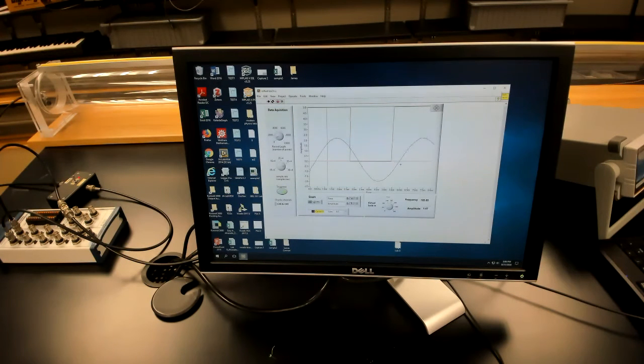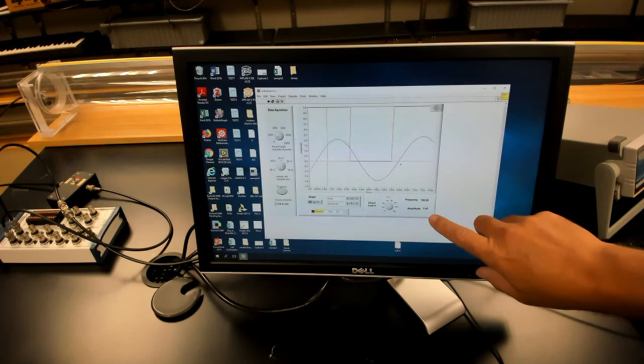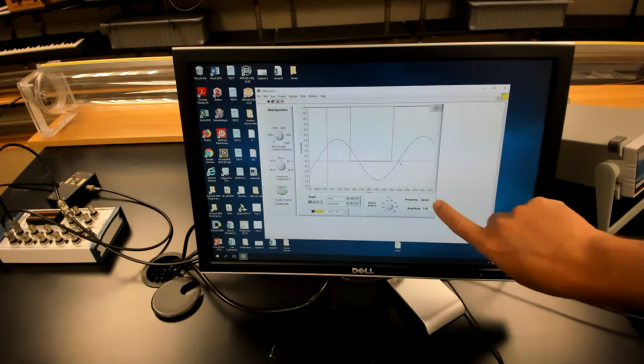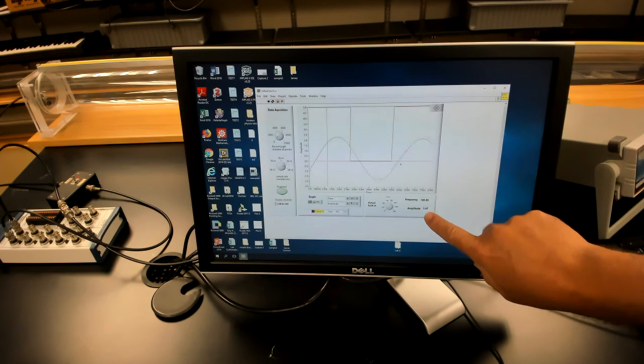Well, since we've recorded the signal, we can also measure the amplitude by looking at the signal that we've just stored. That's done here. You can't see it easily in this video, but there's a box here which displays the amplitude of the sound wave, okay? In this case, 1.65 volts.